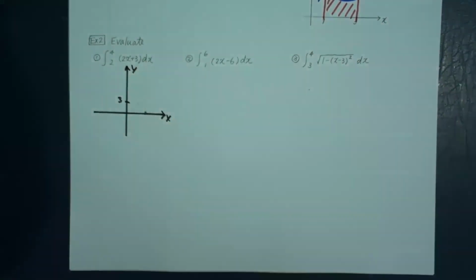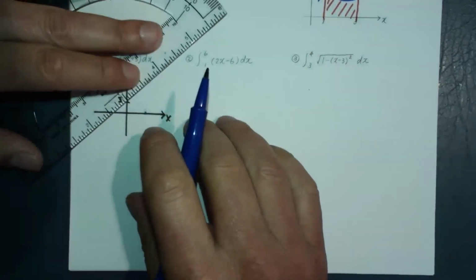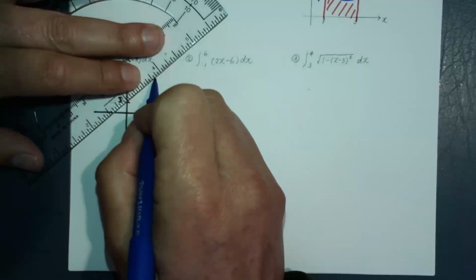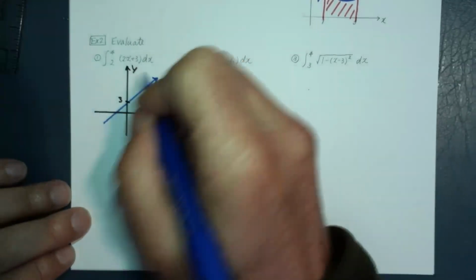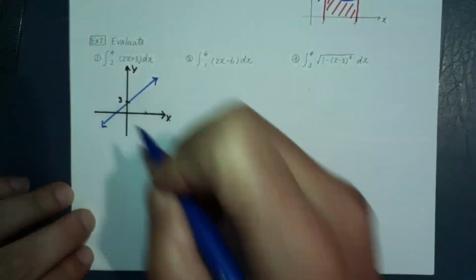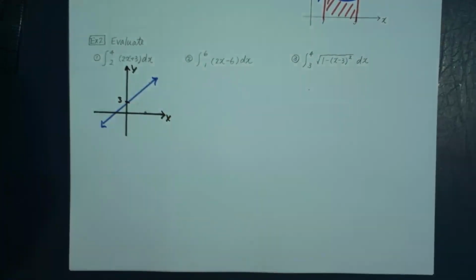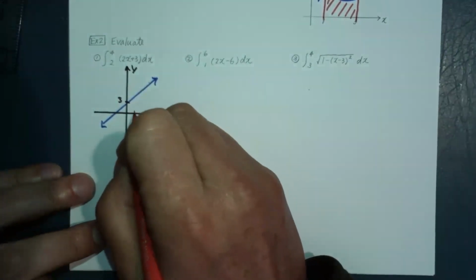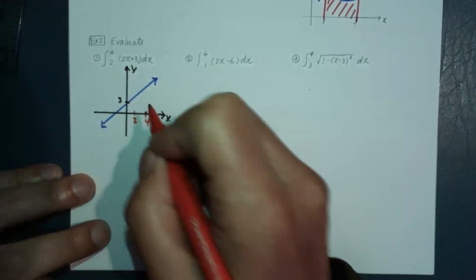So we're going to have a line that looks like this. And we are integrating from 2 to 4. So here is 2 and here is 4.